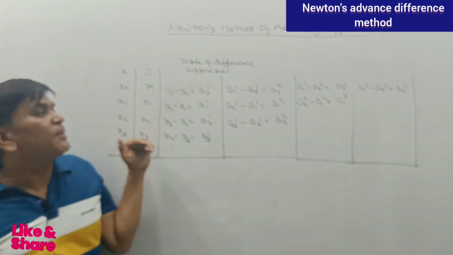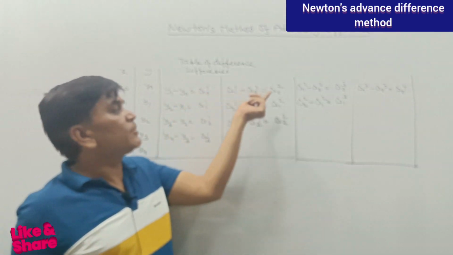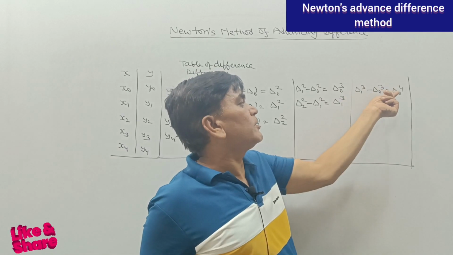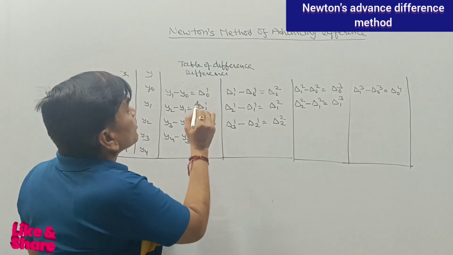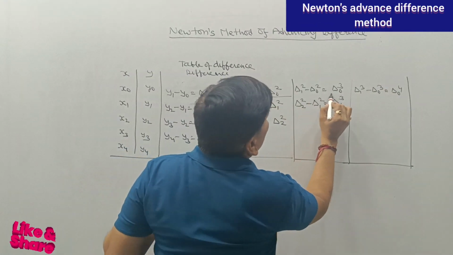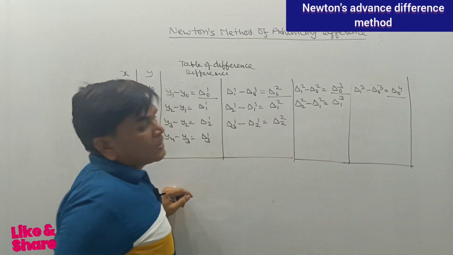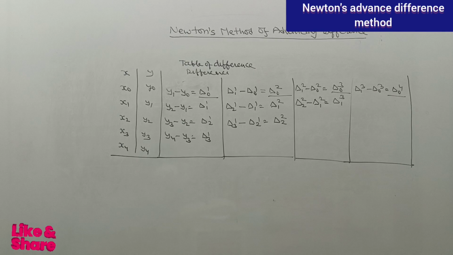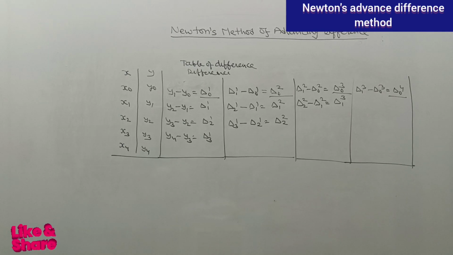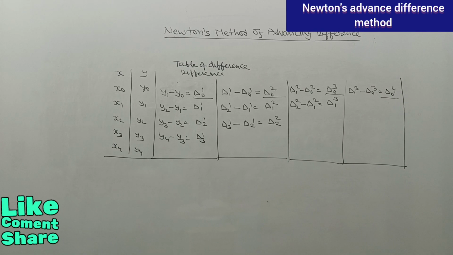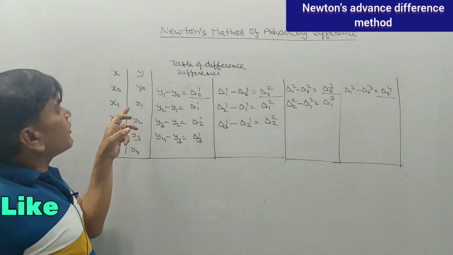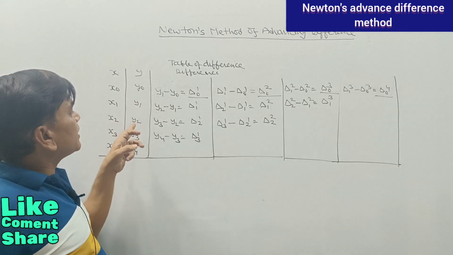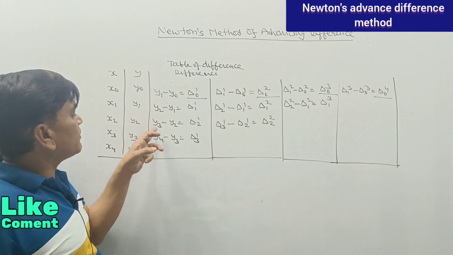In this manner we have to get the delta 0 1 value, delta 0 2 value, delta 0 3 value, delta 0 4 value. In the formula we will use only these values. So the very first thing you should learn is how to get the Newton difference. First y1 minus y0, then y2 minus y1, y3 minus y2.